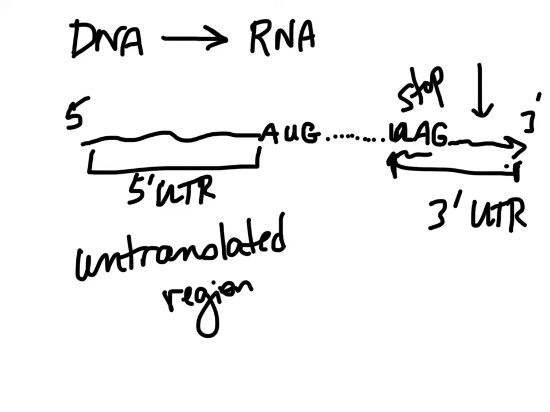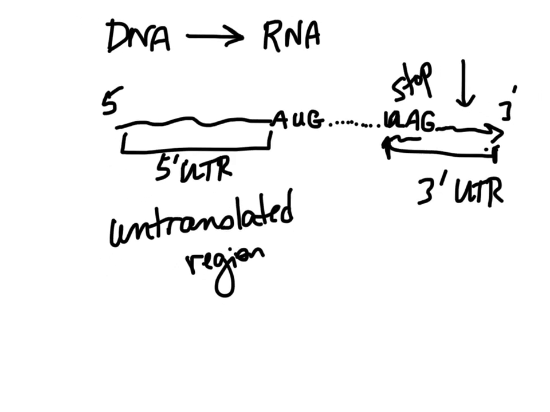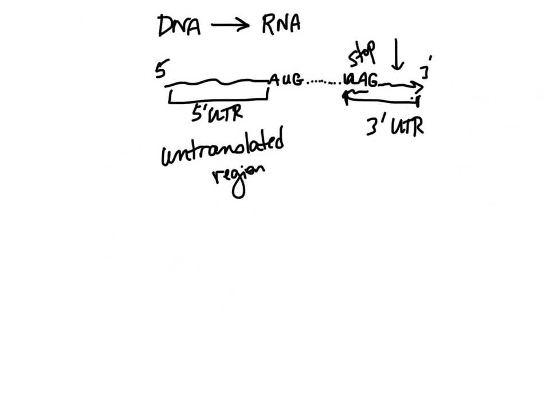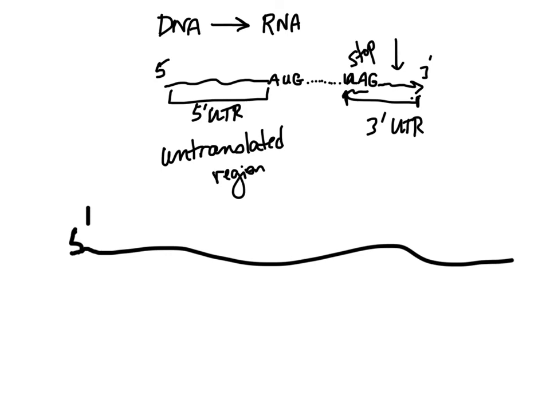So if I were to give you a sequence of nucleotides to take a look at, from the 5' to the 3' region, what you really want to do is scan along, and everywhere there's an A, you ask, is it an AUG?